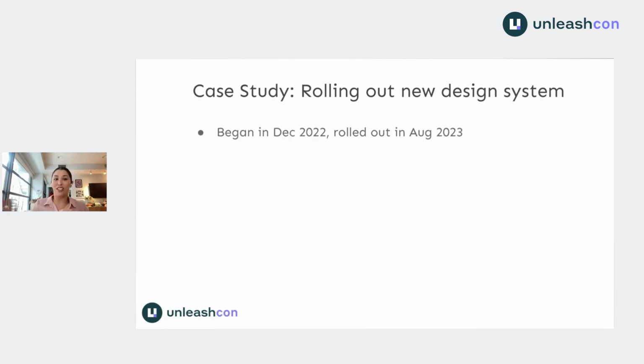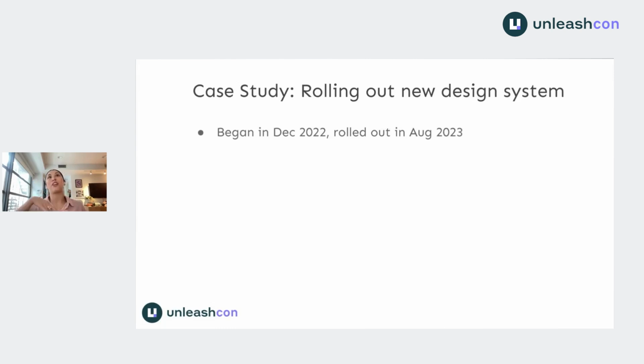It began in December of 2022, so a really long time ago. It officially rolled out in August 2023, and again, this design system underwent several years of exploration. Big shout out to our UX team for doing that.